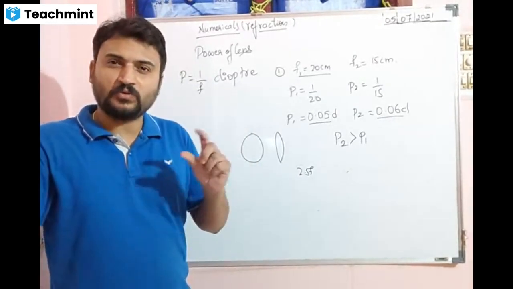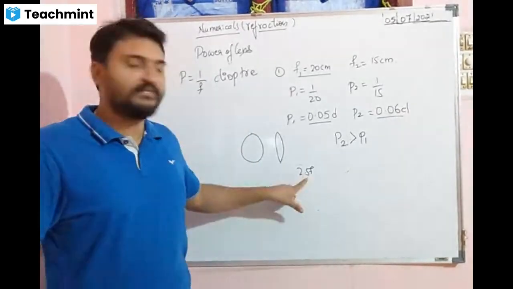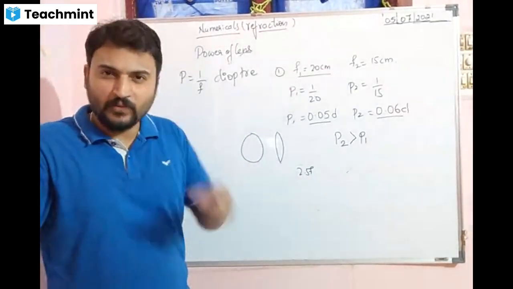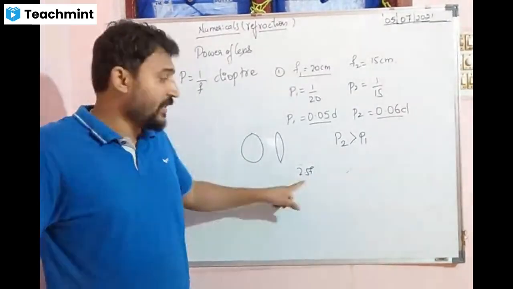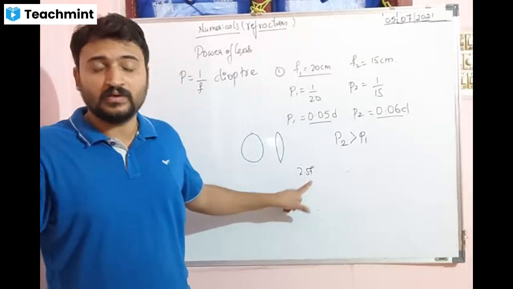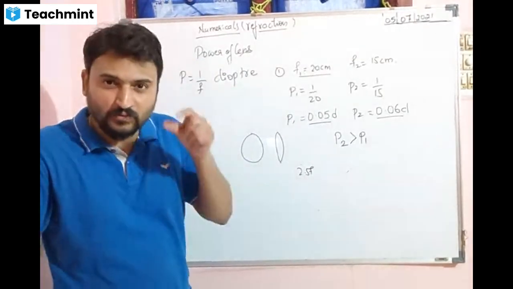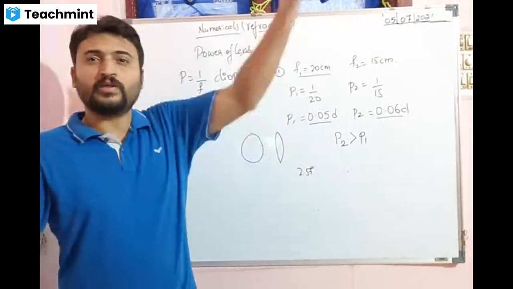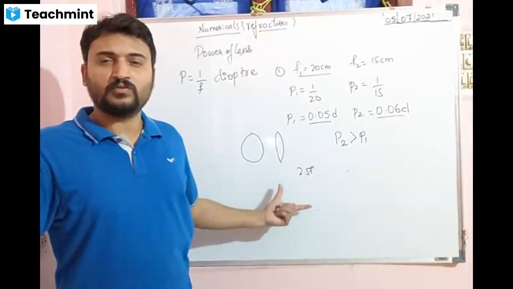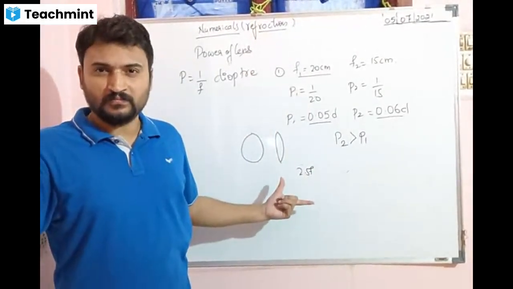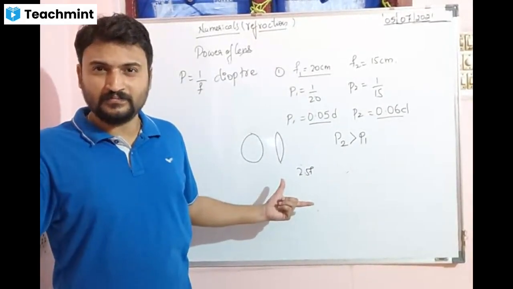Every camera has its own capacity and ability. It depends on f. Some can take very nearby photos because they have less focal length. To take near photos you need less focal length, to take far photos you need large focal length. Understood?